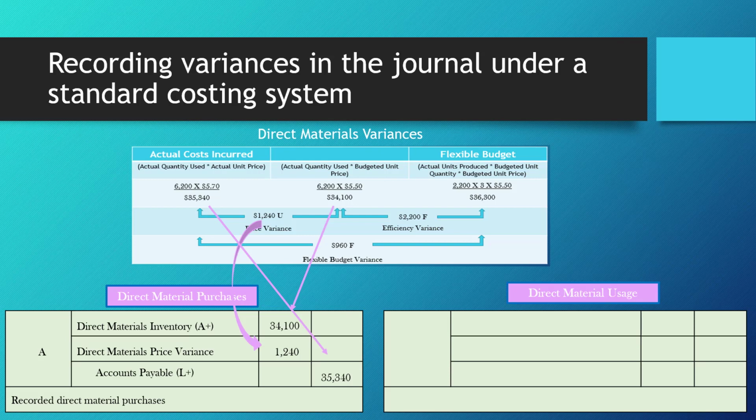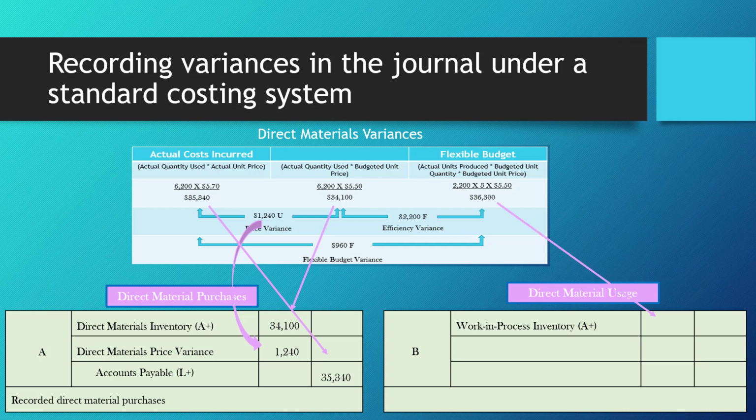What about the usage of direct materials? Taking them out of storage and putting them into production, which we're going to do in journal entry B. Well, we're using materials which are an inventoriable cost in production, which means it needs to go into our work in process inventory. And one more time, we're going to put this amount in at what it should have been had we hit our standards.